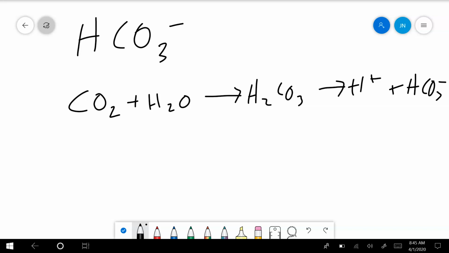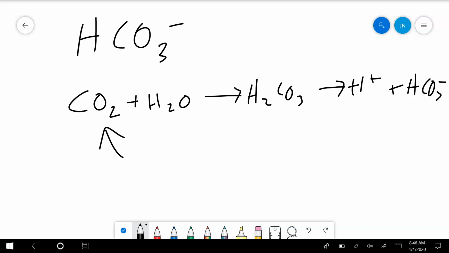Should something happen and the pH of your blood shifts, the next system that's going to kick in is the respiratory system. And the respiratory system is back to the same idea of carbon dioxide, because this carbon dioxide can be exhaled.